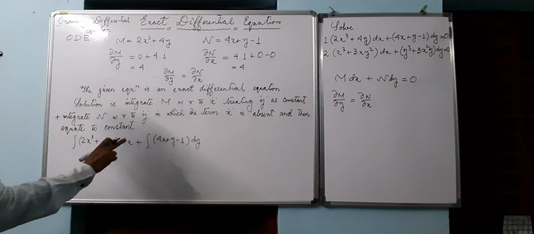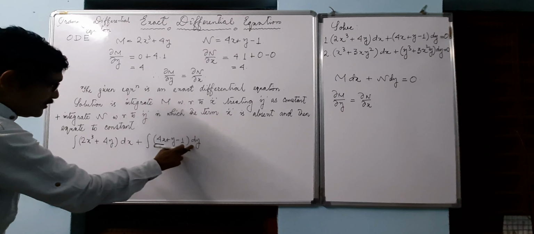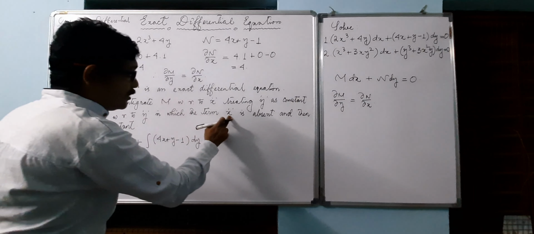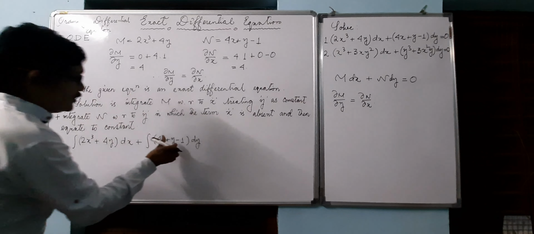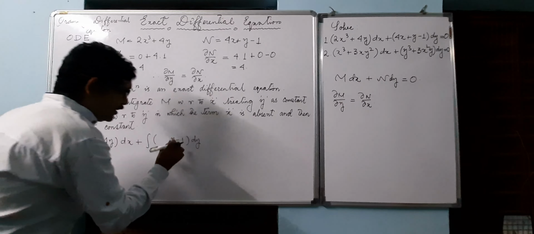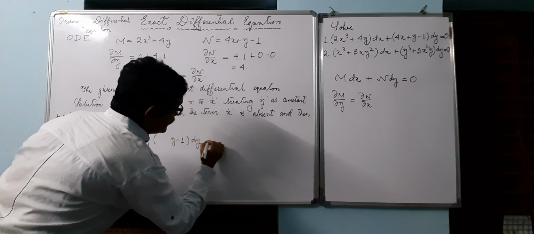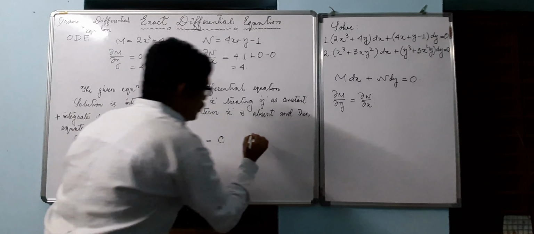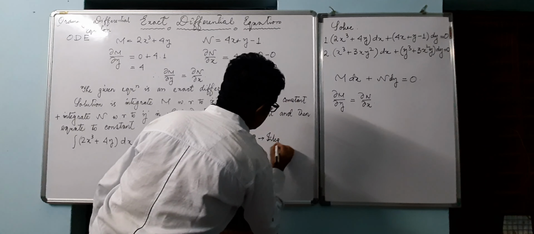But there is a restriction: integrate N with respect to y only the terms in which x is absent. So the term where x is present should be deleted. Here 4x should be deleted. So it can be written as integral of (y minus 1) dy, and then equate to a constant c, the integrating constant.